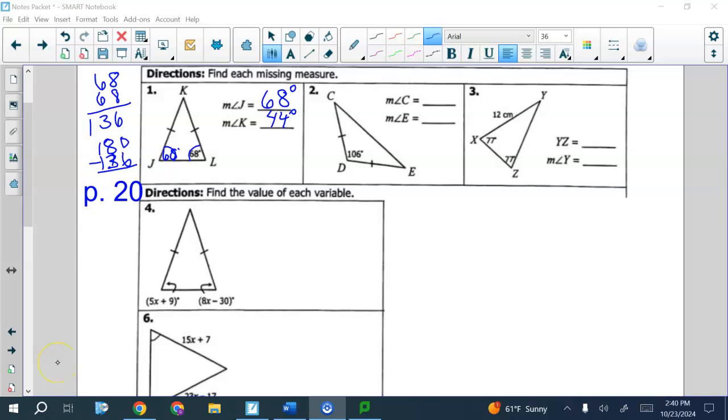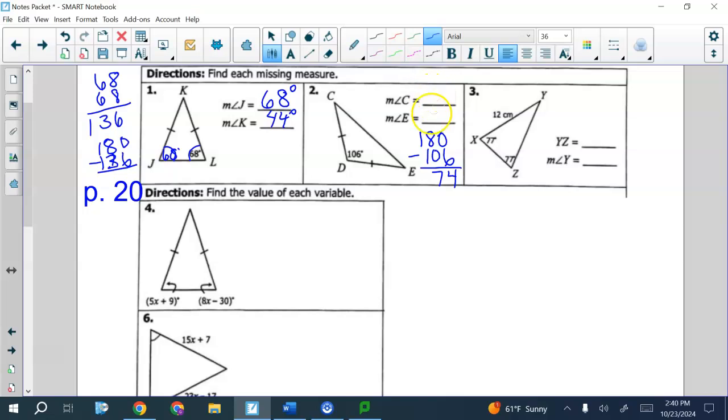All right, for number 2, the measure of angle C, what we're going to do is take 180 minus 106, which is 74, and then divide that by 2. So 74 is how many degrees there are for both angles.